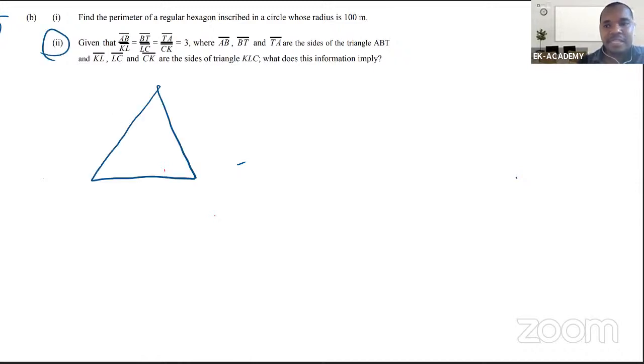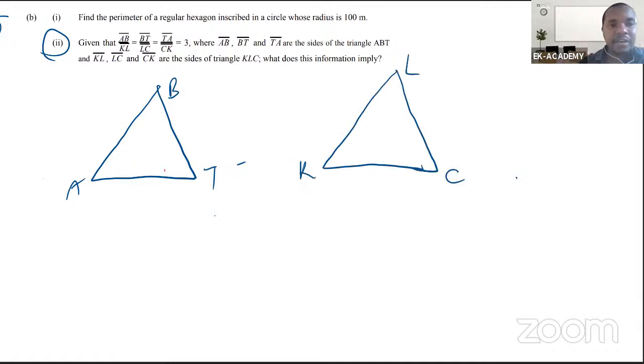Triangle ABT, and also we are given triangle KLC.